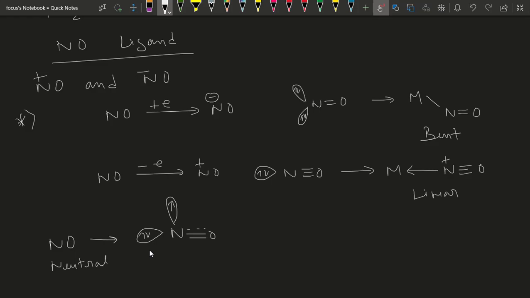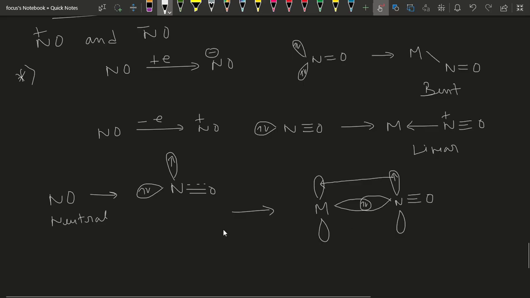So when this neutral NO connects with metal, it will form like this, and this unpaired electron will be donated to the vacant orbital of the metal ion. So in this neutral form, NO is donating a total of 3 electrons to the metal ion. That is donation of 3 electrons.